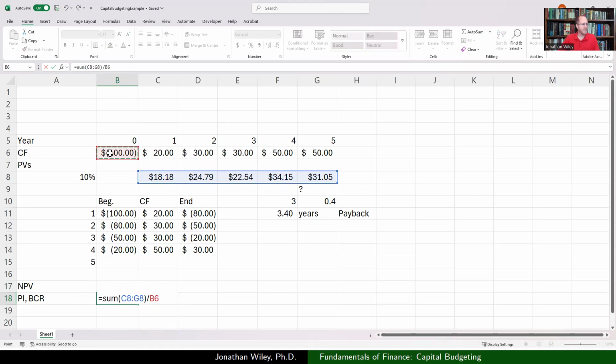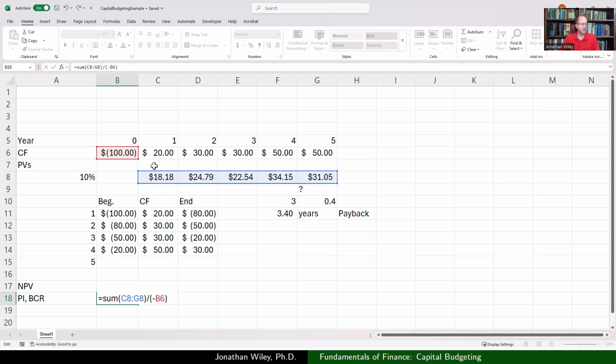In this case, this is showing up as a negative, but the fact that I'm putting it in the denominator means that I'm recognizing this is an outflow. So for my ratio to work out correctly, I need to make that a positive number. I'm going to put a negative sign in front of that initial outlay, to make sure that it is reflected as just the amount that was expended in present value terms.